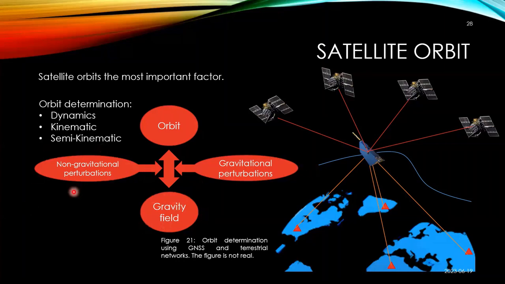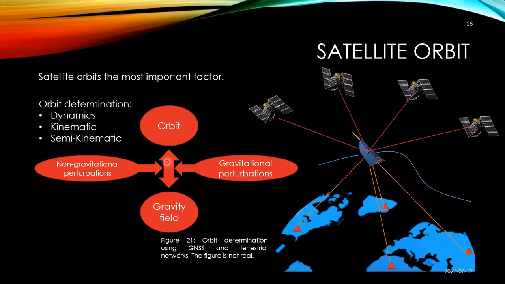If I have the gravity field of the Earth already, the mathematical models of the non-gravitational perturbations, and some other mathematical models, and I consider them together with a known gravity field, I can generate the orbit. For example, when you use GNSS satellites and want to design your plan for measurement for another day, you will use the broadcast almanac data.